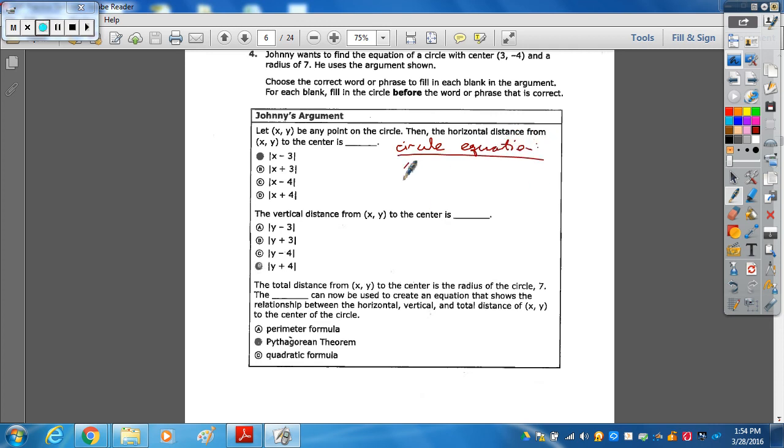The circle equation is this: (x minus h) squared plus (y minus k) squared is equal to radius squared, okay? Why is that the equation? I'll explain it in more detail in class, but if you can picture this part right here is a squared, this part is b squared, this part is c squared.